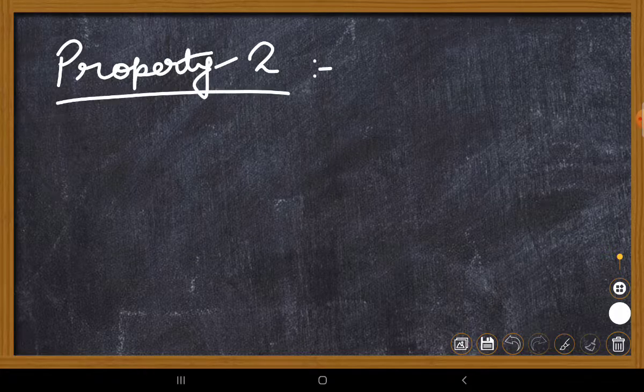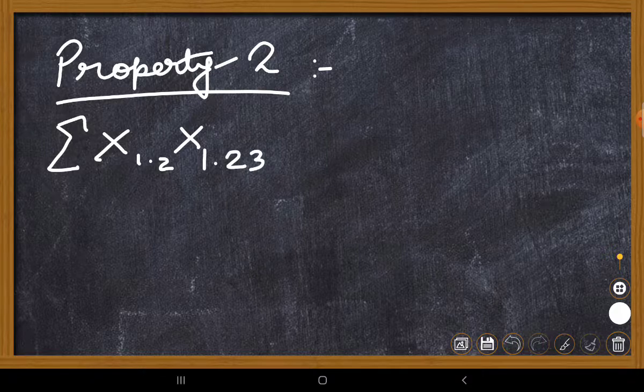Property number 2. Suppose you want to find the sum of the product of these two residuals, x1.2 into x1.23. Here x1.2 simply means the residual of x1 on x2 only.